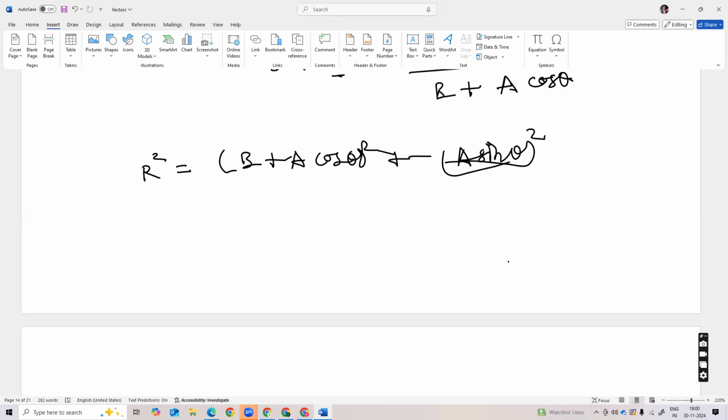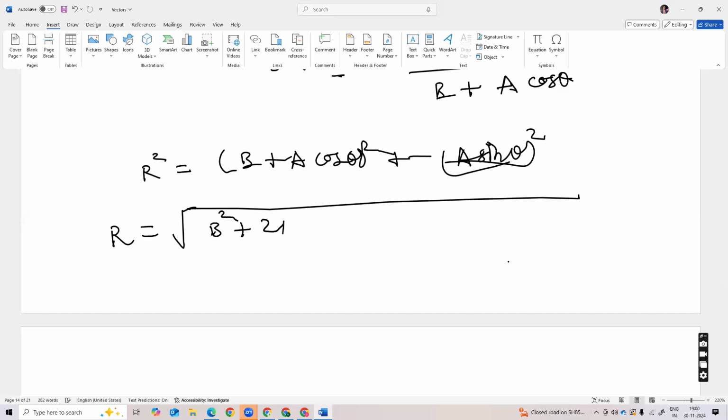So this R is basically the root of, so here we will use A plus B the whole square. So it is B square plus 2AB cos theta plus A square cos square theta plus A square sine square theta.